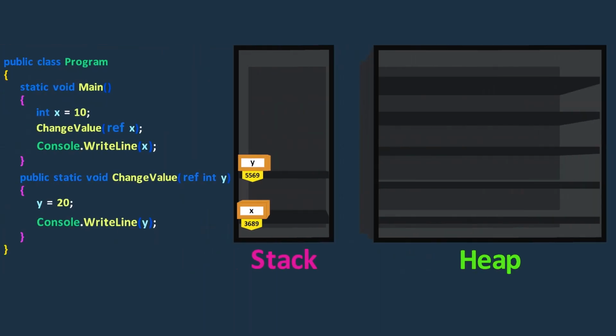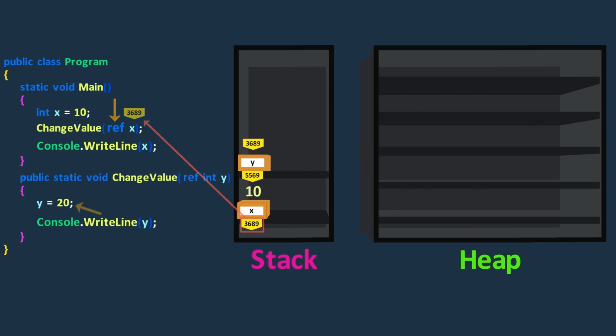However, if we use the ref parameter modifier for the y parameter, we can directly update the value of x inside the changeValue method. This happens because this time, when we add the ref keyword next to x as the argument, we pass the memory location of the x variable inside the stack frame of the main method to the y parameter, instead of just a copy of the value of x.